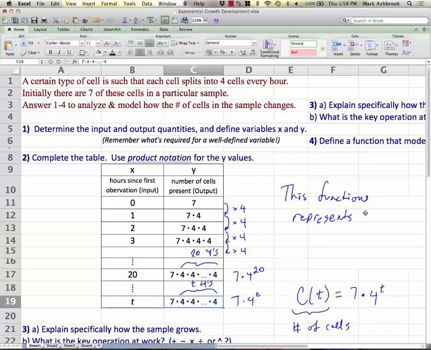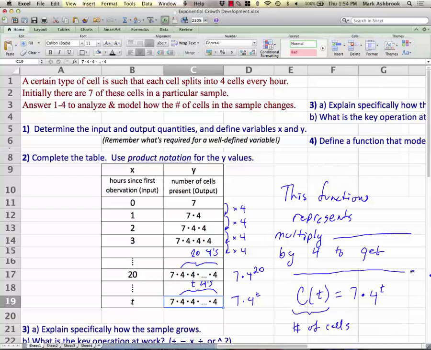Give it to me. Okay, this function represents multiplying what by 4 to get what?